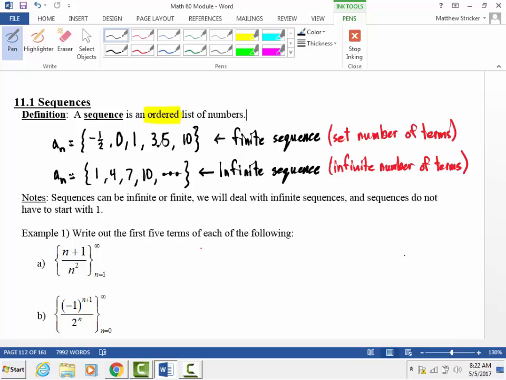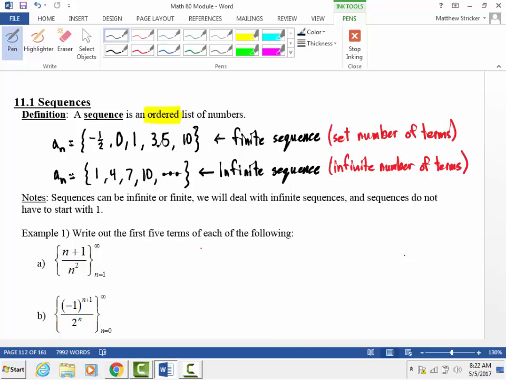Now, does the first sequence appear to have any sort of pattern to it? No, I don't think so. Does the second one have a pattern? Yeah, what's the pattern? It adds 3 to each one. Yeah, you add 3 to each one. Everybody all right with that? Okay.